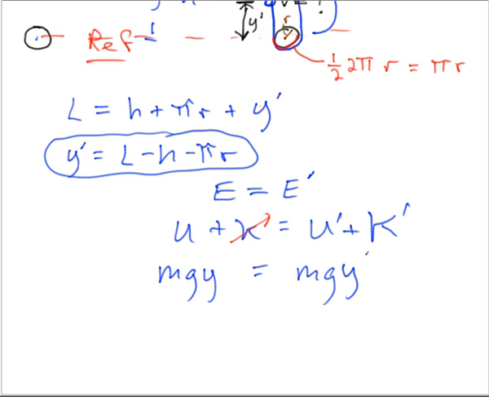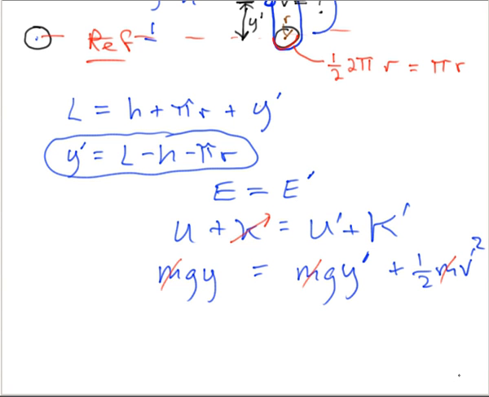Mg y prime, just so I'm consistent over here, I want to start out with just the y prime there, plus 1/2 m times v prime squared, where v prime is what I'm looking for. If I divide both sides by m, I get m over m in every term, which is 1. So I can just cross out the m's. I got to solve this for v.